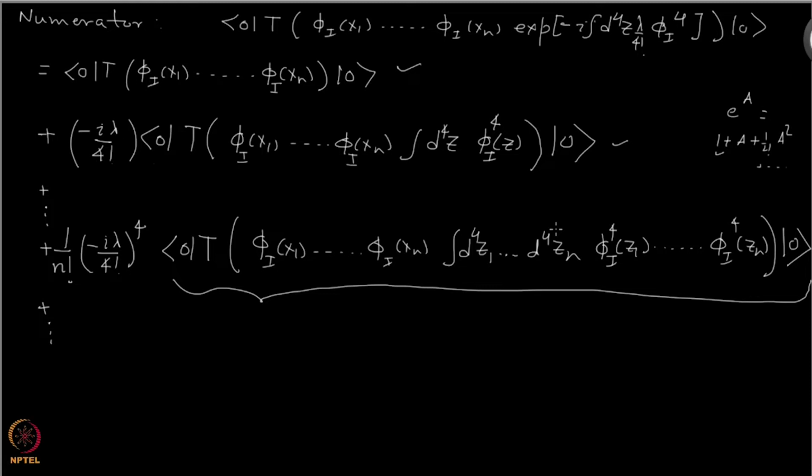Okay, so let's try to calculate this. We'll look at the general object. Here some of the xi's could be internal points, they could be z, but this is the most general thing.